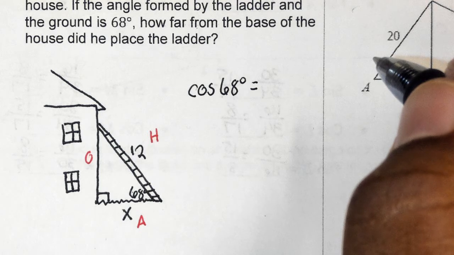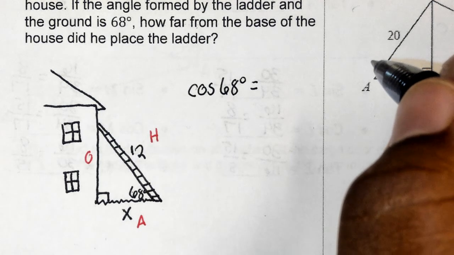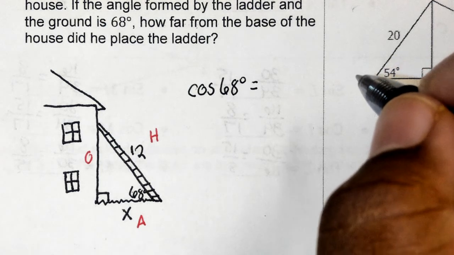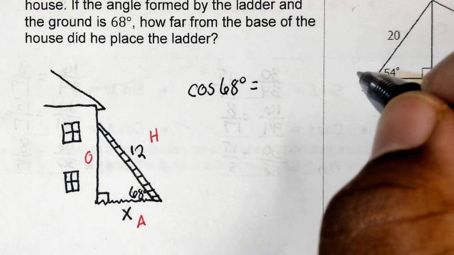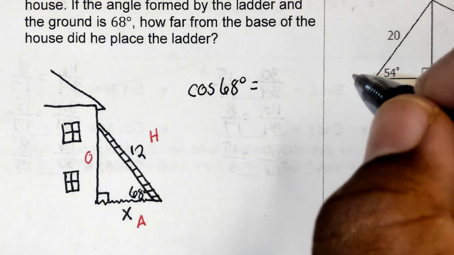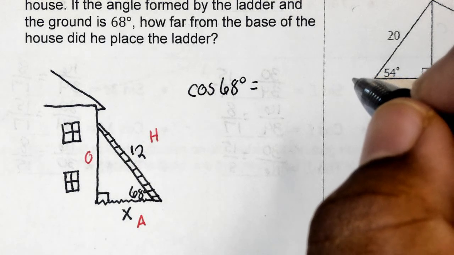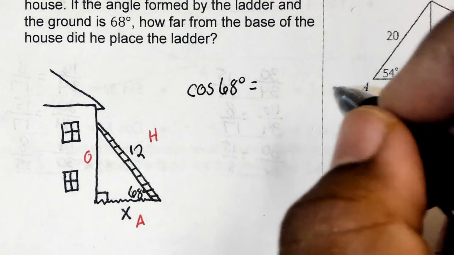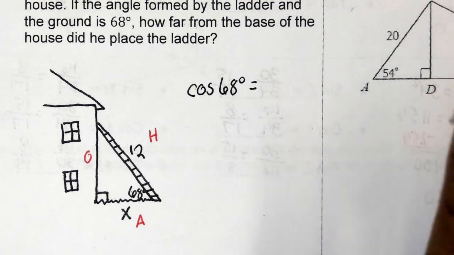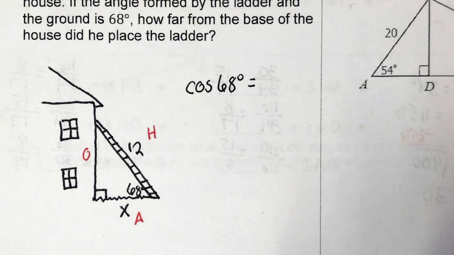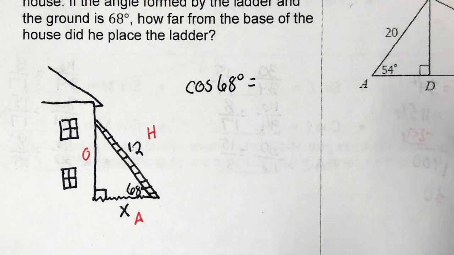Use your foldable. I ain't cheating you. What does it say in the foldable, Grace? Adjacent over hypotenuse. Look at the way you labeled, Grace.